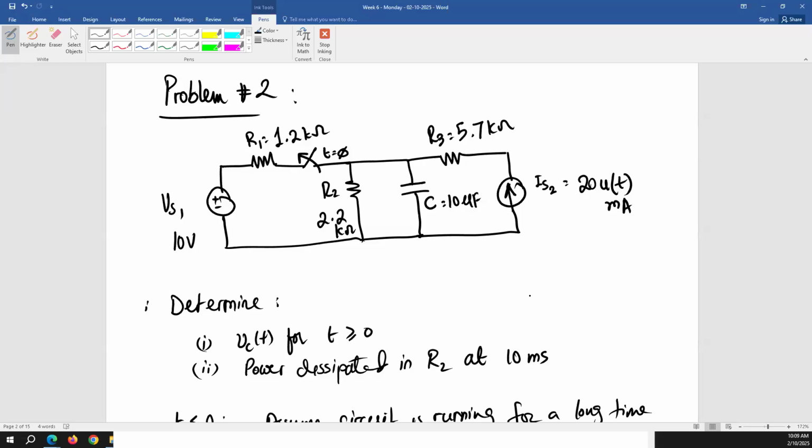Tell me what will still be part of the circuit at time t is equal to 0, when the change is happening. Again, don't ask me what I want to do. I'm asking you: what will be part of the circuit at t is equal to 0?